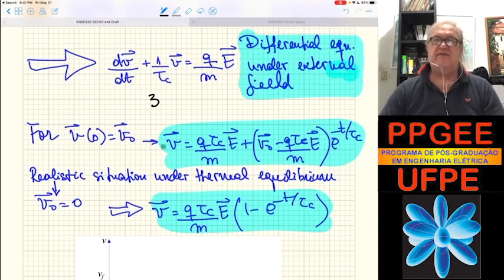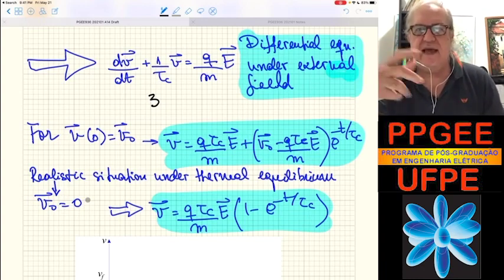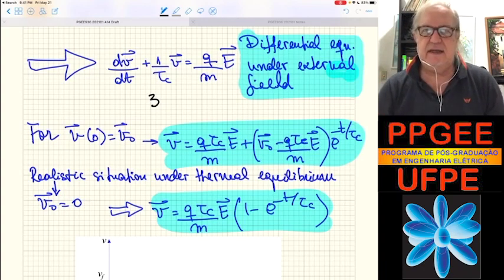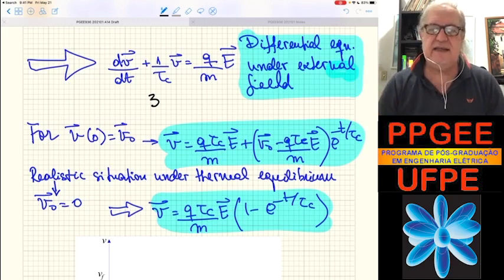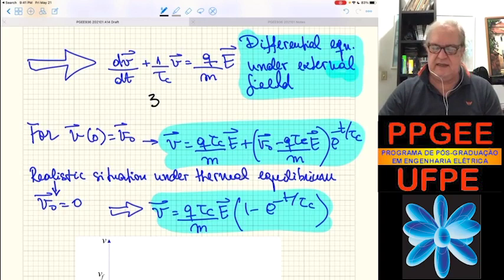In fact, if I have a solid that's standing by, we expect that the average velocity be simply equal to 0 at thermal equilibrium, right? Unless you have a superconductor in which you have a current flowing all the time at low temperature. For a simple solid, let's say initial velocity equals 0, so the solution is something like this, okay?